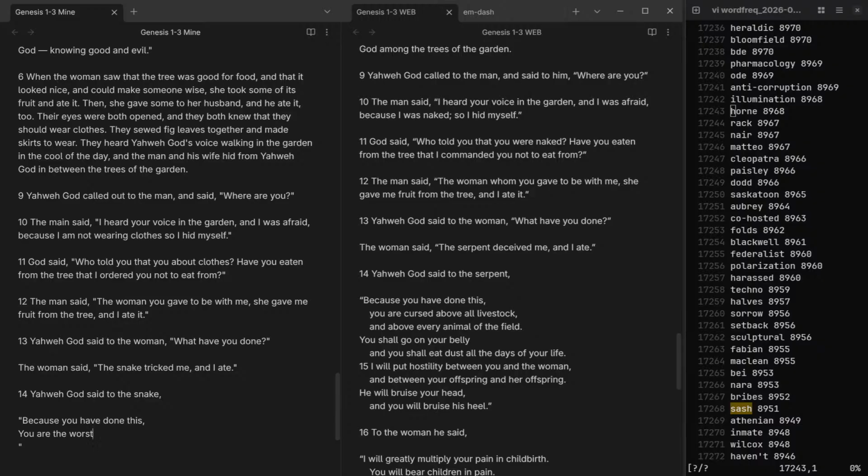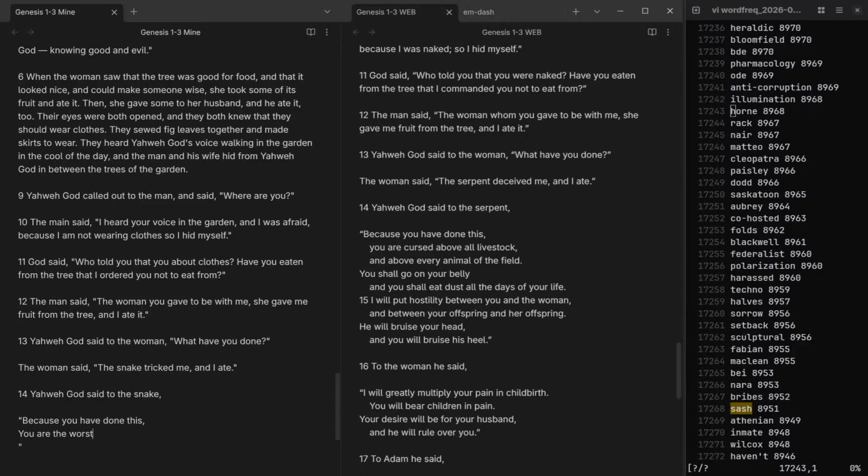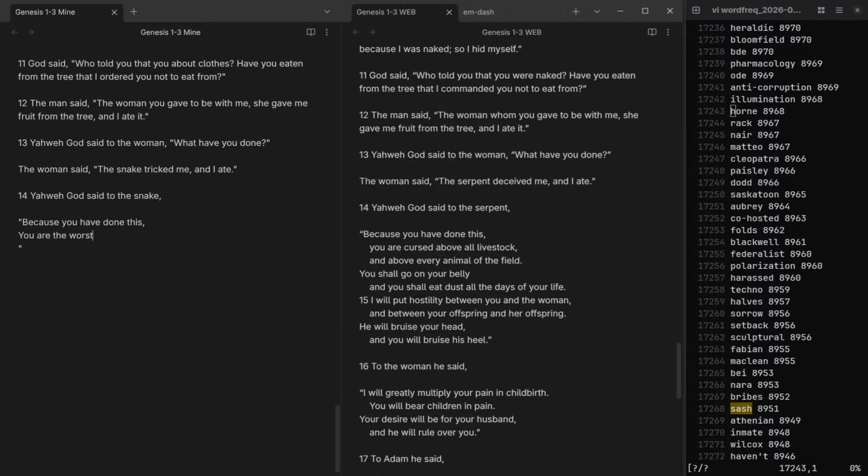Because you have done this, but okay, you are cursed above all livestock and above every animal of the field. You are more cursed. I could say more evil. You are the worst.